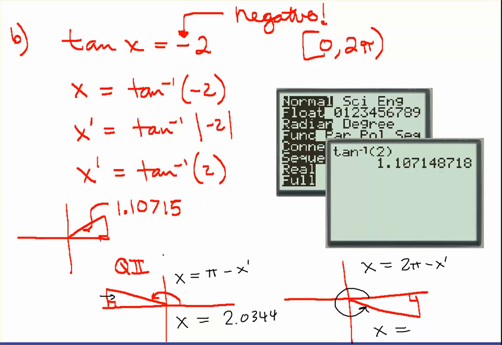No, we use this angle still, because that's our reference angle. Awesome. 5.1761, because we have to go out 4 decimal places.